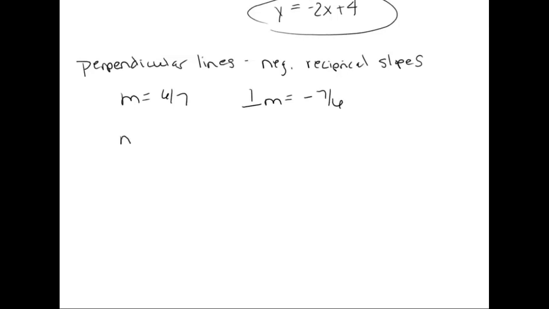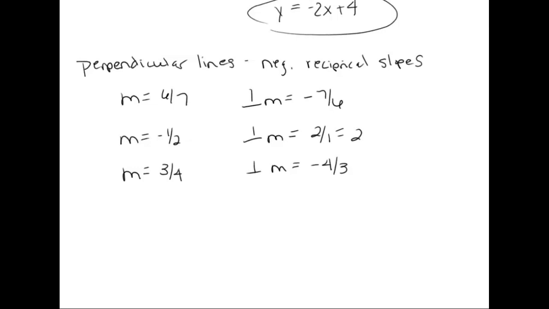Okay? If I have a slope that's negative 1/2, then the perpendicular slope is going to be a positive 2/1, which is just 2. All right, what if I have a slope that is 3/4? Then the perpendicular slope is negative 4/3. So perpendicular lines have opposite signs and they are reciprocals.